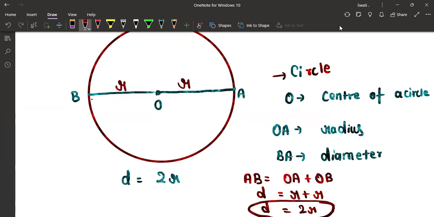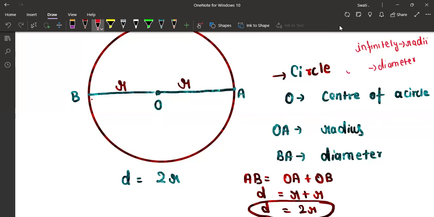How many radii are possible? You know that the plural of the radius is radii. How many radii are possible in a circle? Infinitely many. You can draw infinitely many radii. Similarly, how many diameters can you draw? Infinitely many.